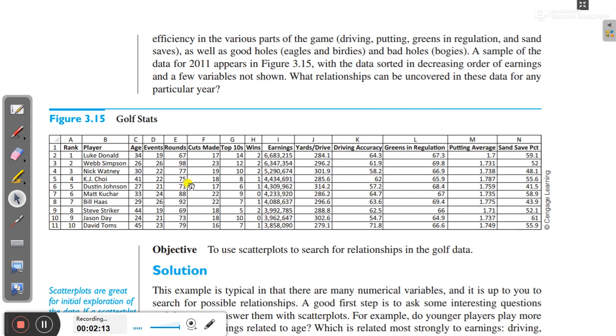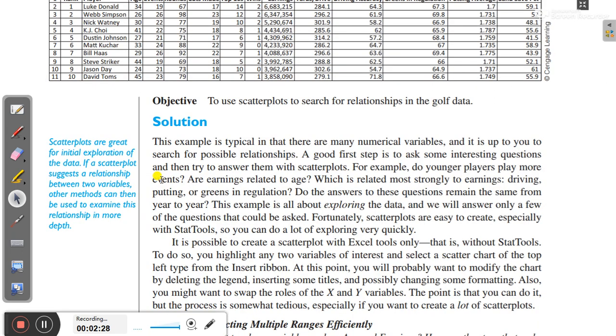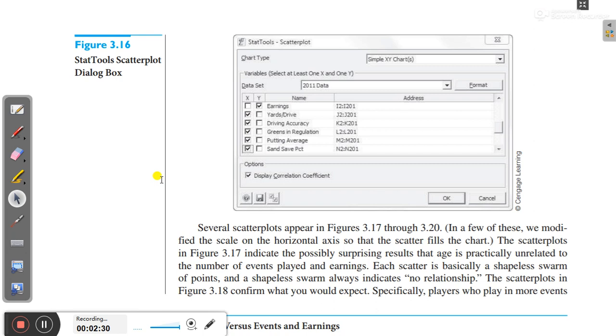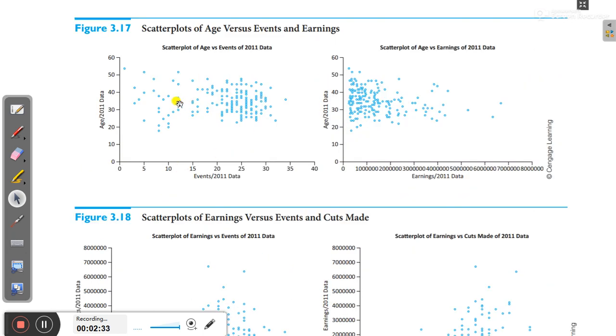You can see in this chart of data, different types of numerical variables exist. You can plot the scatter plot using different variables from this data. You can see the example of the graph here.